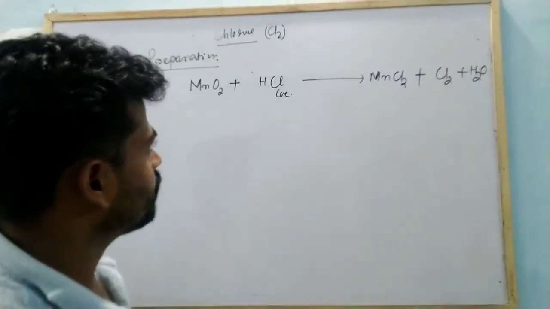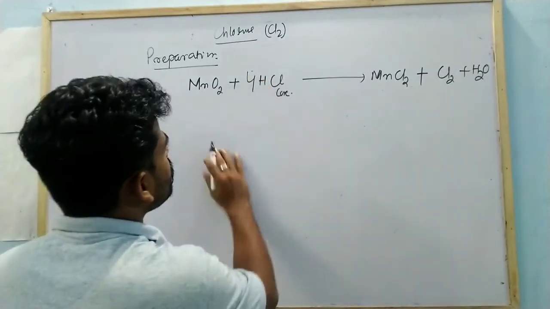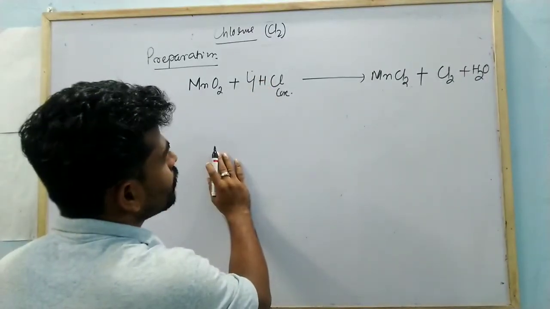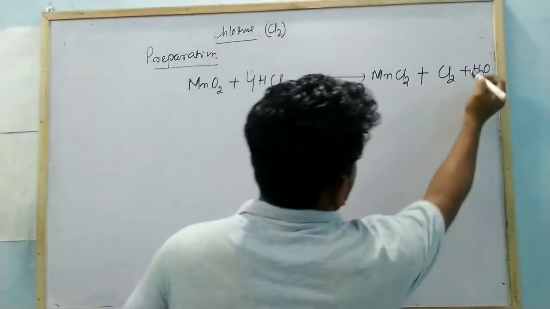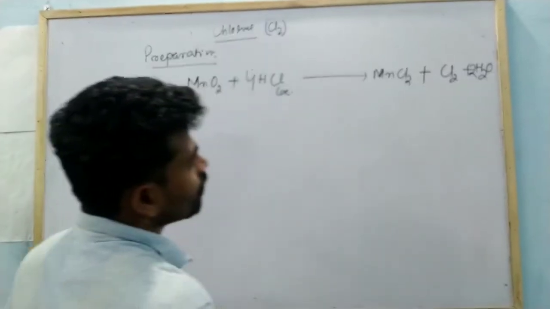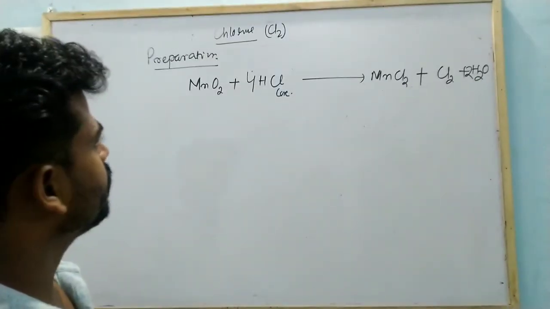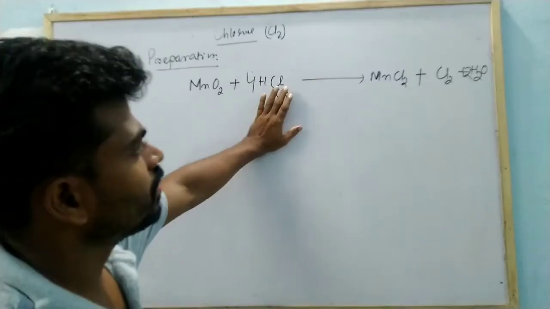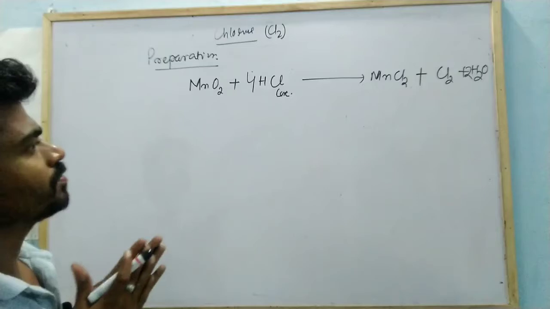Now balance this equation: 4 HCl and 2 H2O. So this equation is balanced.